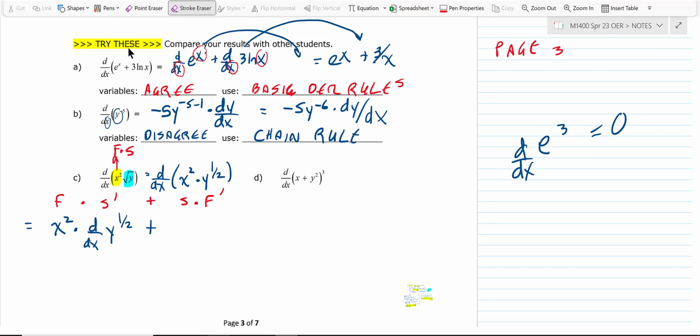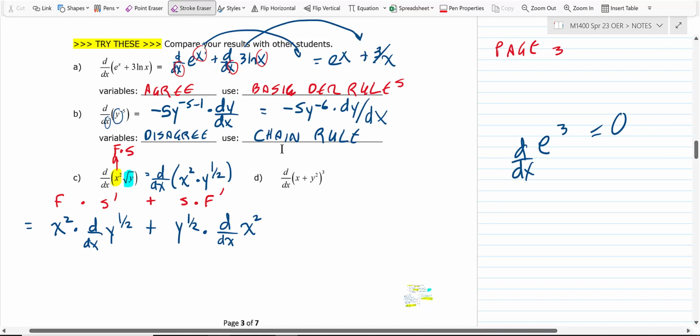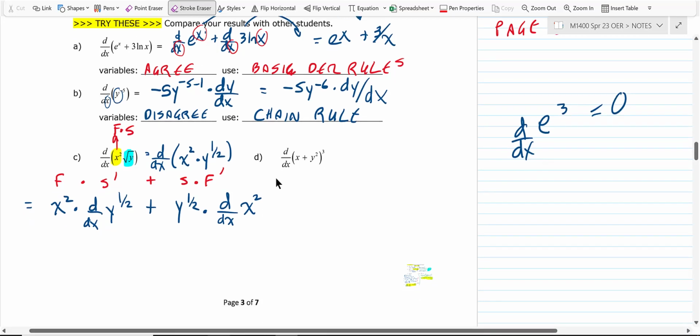Then plus the second, which is y to the 1/2, and then times the derivative with respect to x of the first, x squared.